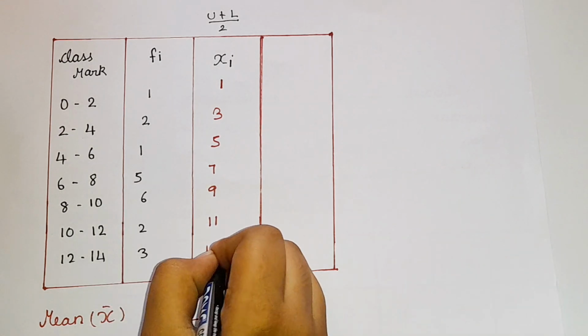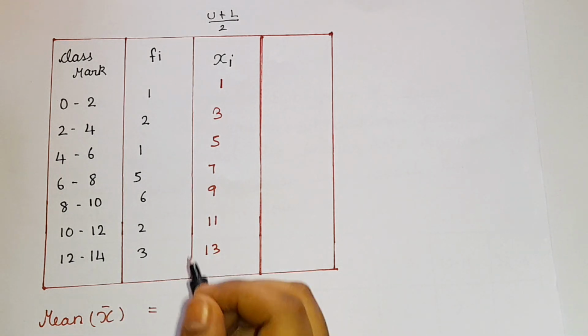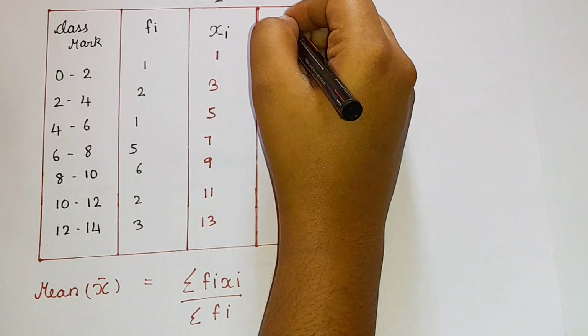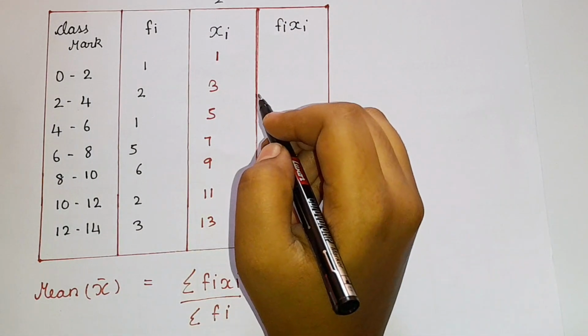Alright, so now I just wrote it till here, okay. So here now we got the xi value. According to the formula I want sigma fi xi. So here we have fi xi, isn't it? So I want to find the fi xi value. That is the reason I just wrote xi, right.